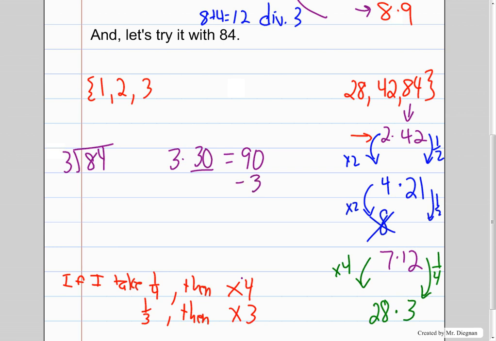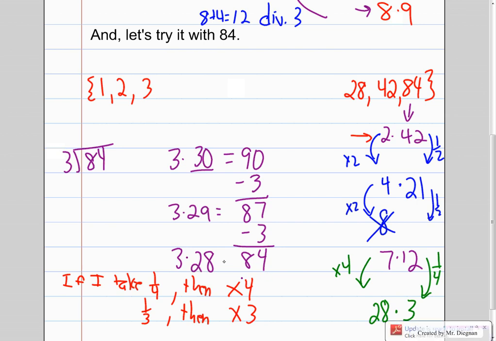So if I take away 1/3, I'm going to end up with 87. So that must be 3 times 29 is 87. Then I need to take away another 3, which would be 84. That must be 3 times 28. Okay? So those are 2 other ways that you could have found 3 and 28.